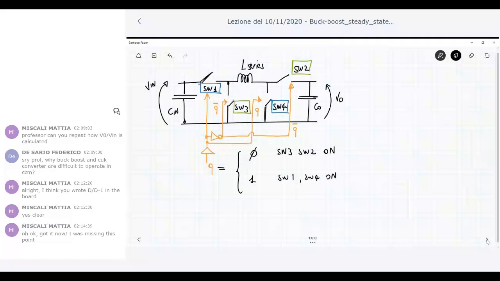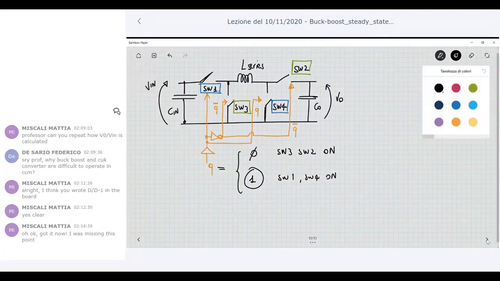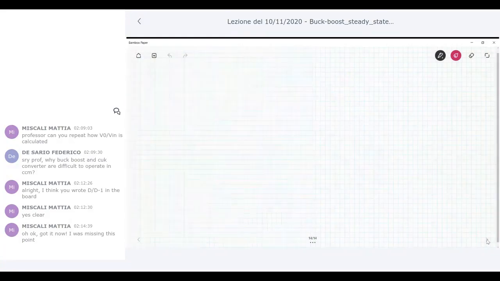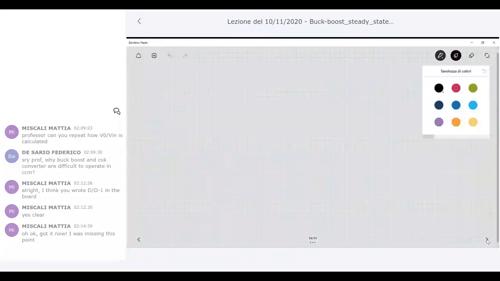So, what happens when you are in the situation in which Q is equal to 1? Okay, when Q is equal to 1, this logical signal forces the closing of switch 1 and switch 4, you are in the time interval that we call T on. Okay, while when it is 0, so when the switch 1 and 4 are open, this is T off.